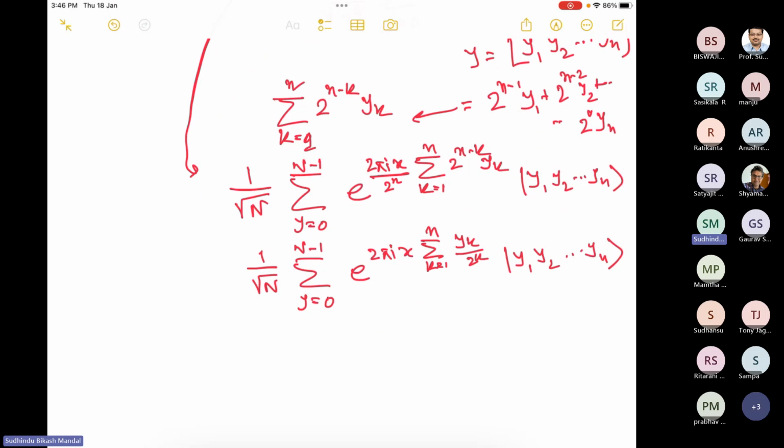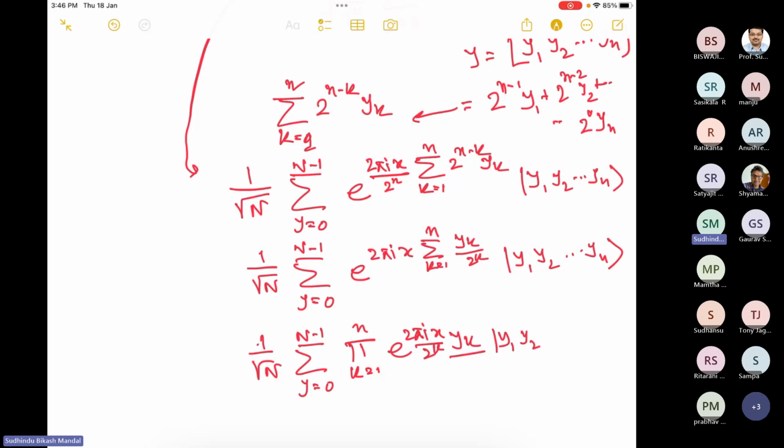An exponential of a summation can be written as a product of exponentials. So we can write the sum over y from 0 to N minus 1, product over k equal to 1 to n, of e to the power 2 pi i x yk by 2 to the power k, for y1, y2, up to yn.